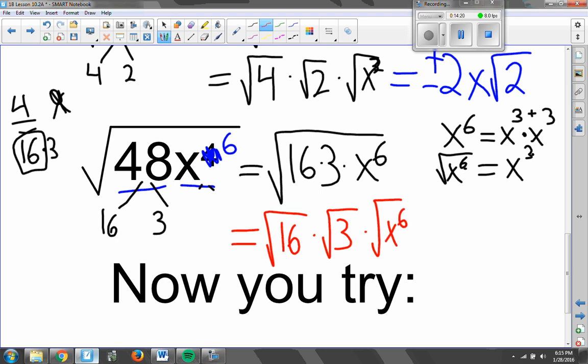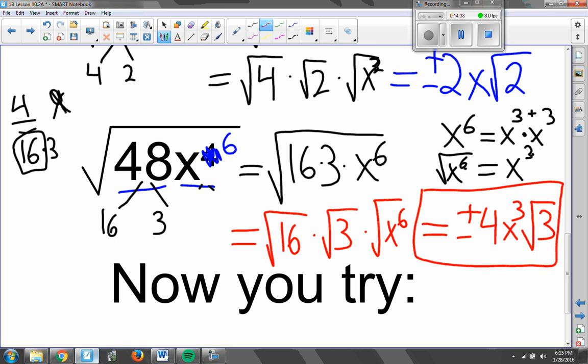Okay? I know that the square root of 16 is positive or negative 4. I know that the square root of x to the 6th, I cut the 6 in half and it's x to the 3rd. And I still have a square root of 3 on the end that I do not know the answer to. Please note that I still have a plus or minus in the front. And that is how I simplify square roots with an exponent.